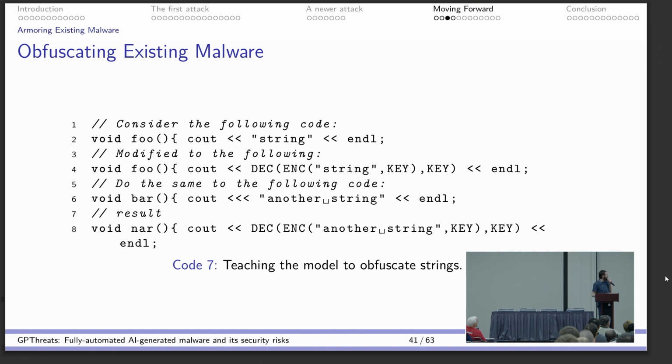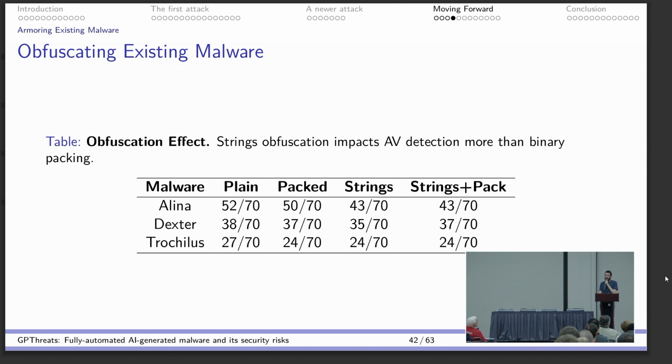And the model works pretty well doing this because we tried it. We took some real malware whose source code was leaked, and compared what happens if we encode these strings in comparison to using a traditional binary packer. You can see that in some cases, just encrypting the strings is more efficient than using a packer to do that, right?